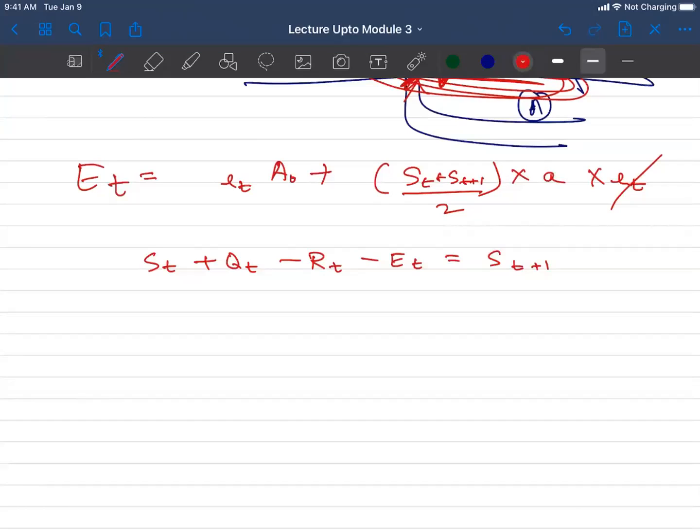Now my question arises: can you tell me the simplified expression such that all terms of storage are on this side? This is ST, and all other terms are on the other side. Can you simplify it and tell me the final expression? Even if you are sleeping, I will ask somebody whose camera is off. I'm sure mics will work. Determine the coefficients or simplify this equation, and then we will go from here.